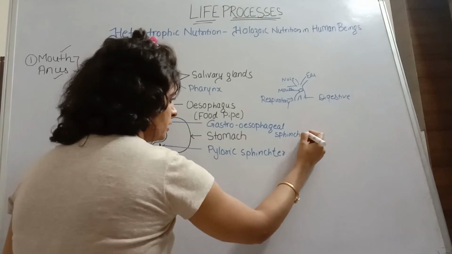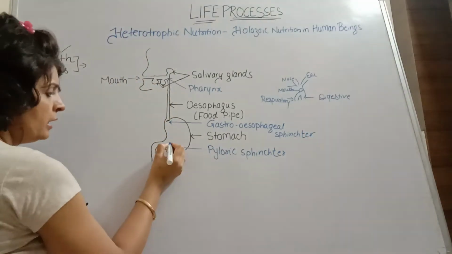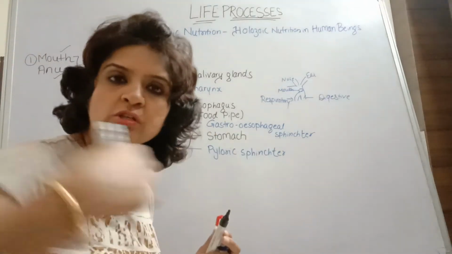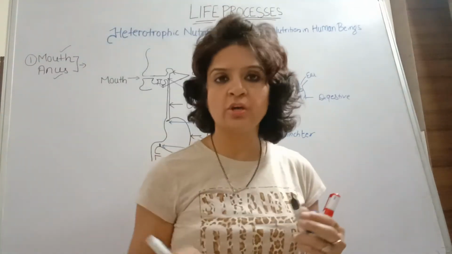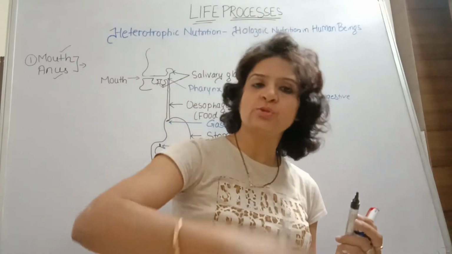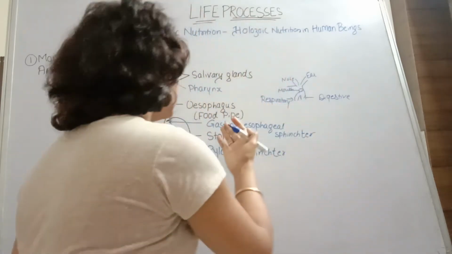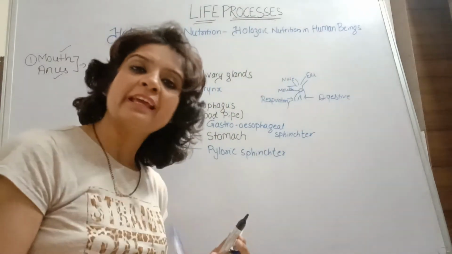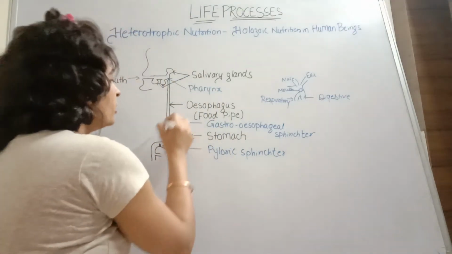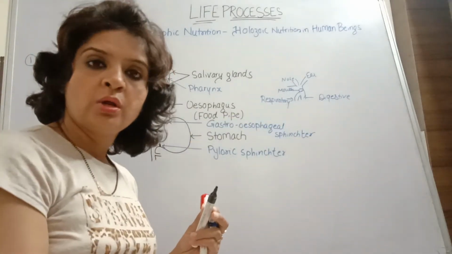So, this is a pyloric sphincter. Now, what is the function of this sphincter? What is the function of a door which is present in your house? That door regulates the entry and exit of persons. Similarly, these sphincters regulate the process which is taking place inside the stomach.